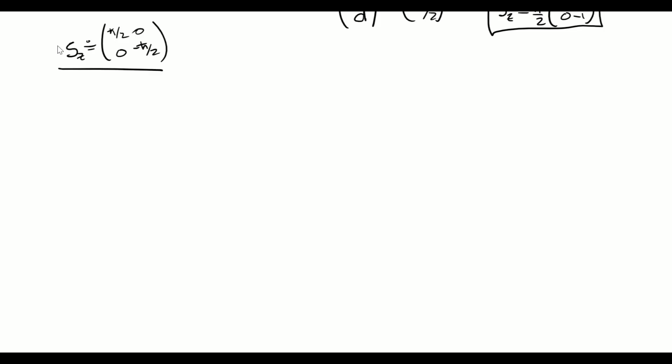The first is that this is diagonal, right? We have a diagonal matrix, and that turns out to be true for any operator written in its own representation. So if you remember, we are using that Z representation where we're writing these matrix representations based on the Z eigenbasis. The order of the eigenvectors we're describing them in are plus and minus. These are the eigenvectors of the Sz operator.